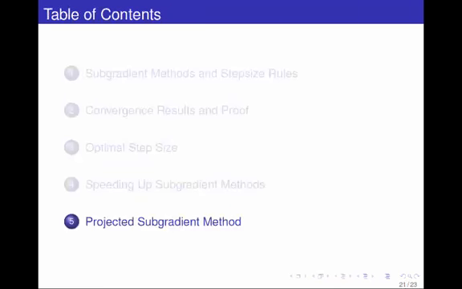And the last thing I wanted to mention today was the projected subgradient method. So what I showed you so far is a method to optimize a non-differentiable function, but I never talked about constraints on your feasible space.